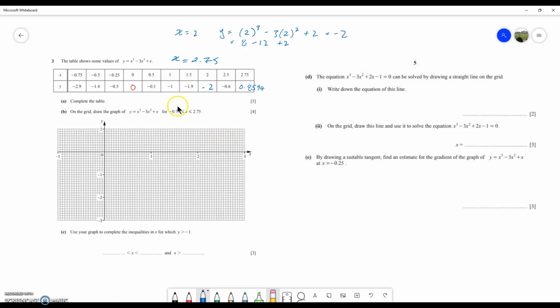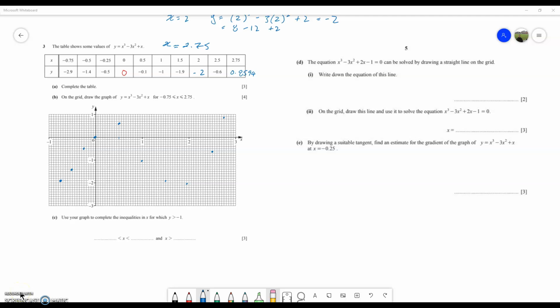So the next step is then to draw our graph on the grid. So the first thing we need to do is make sure we plot our points. And then once you've plotted the points, the key thing is to make sure you understand what each square is.